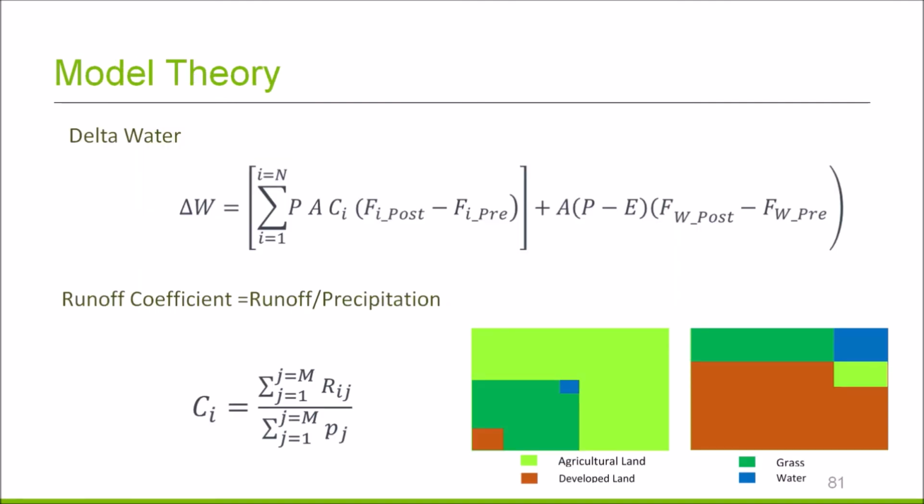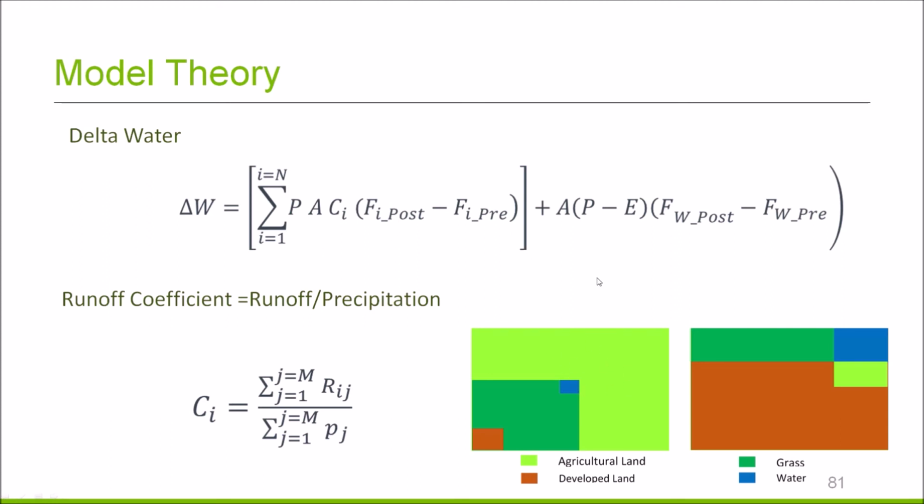Now, this is a mathematical way to explain what I explained before. If you know the mean annual precipitation, and the area of each portion of the land, and the mean runoff coefficient, which is basically how much of that precipitation is converted into runoff, then you can estimate how much things change from pre to post for each portion of the land, right?